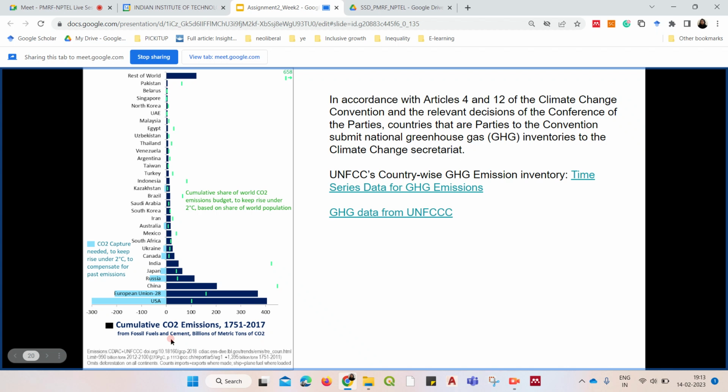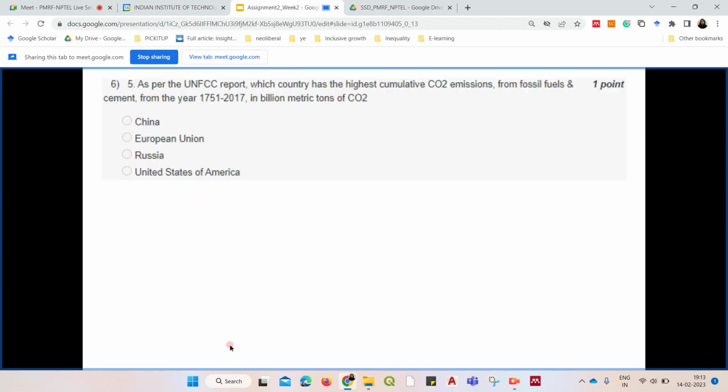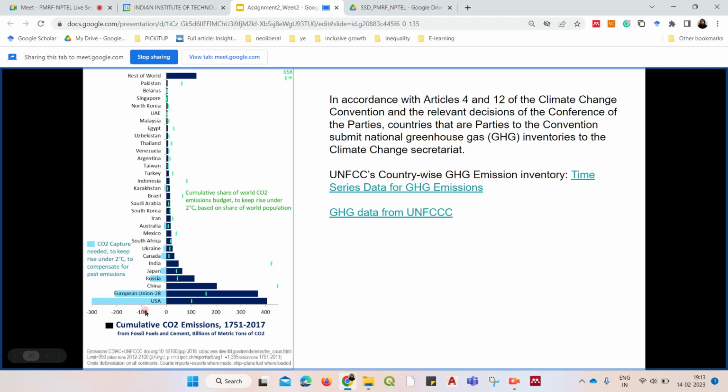It is this UNFCCC report where you would see this figure depicting the cumulative CO2 emission of different countries. What the question is asking is which country has the highest cumulative. You can see here USA is the country with the highest cumulative CO2 emissions.